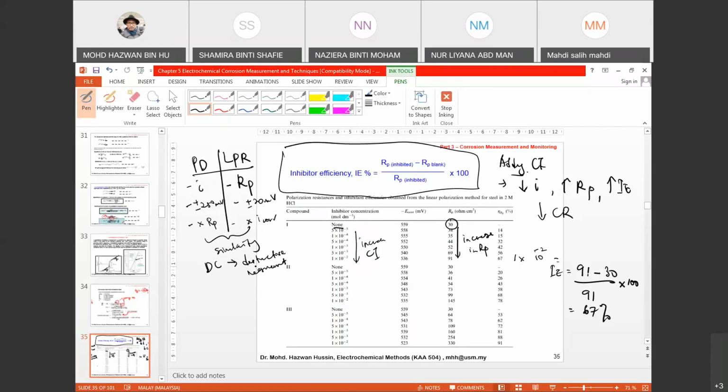Anything? Yes. Can I get inhibitor efficiency by I core? You can, yes. You can calculate the I core value. For example, RP from here you convert into I core using the formula that we saw just now. I core equals beta A, beta C, over 1.303 and so on.